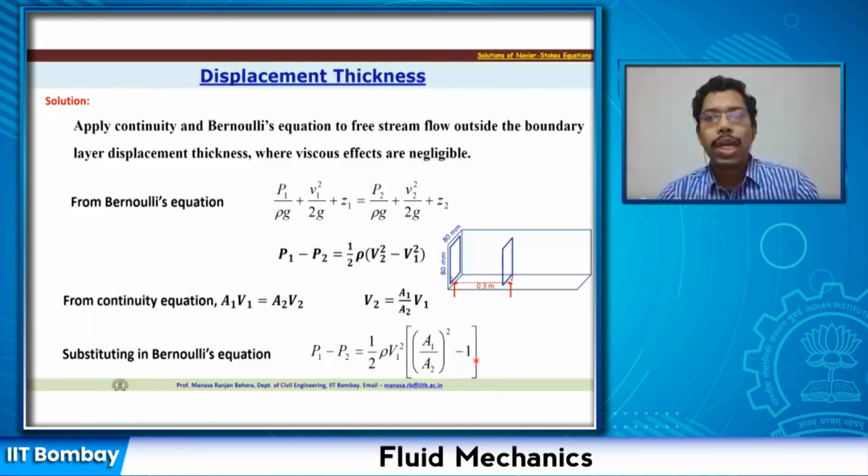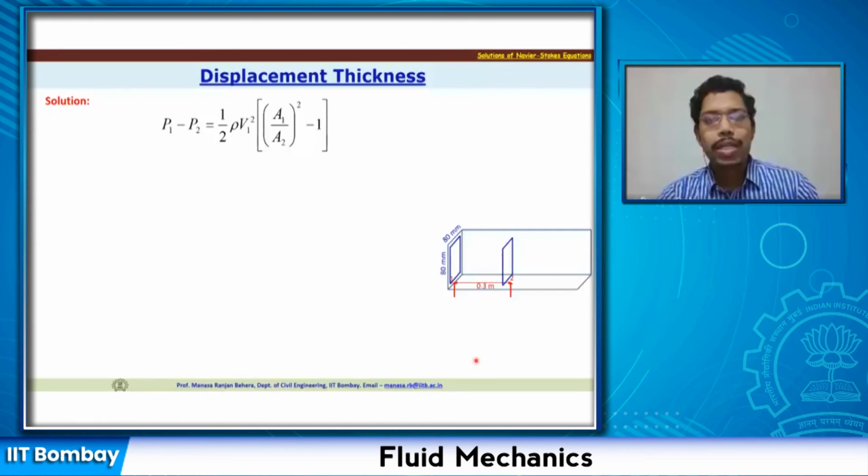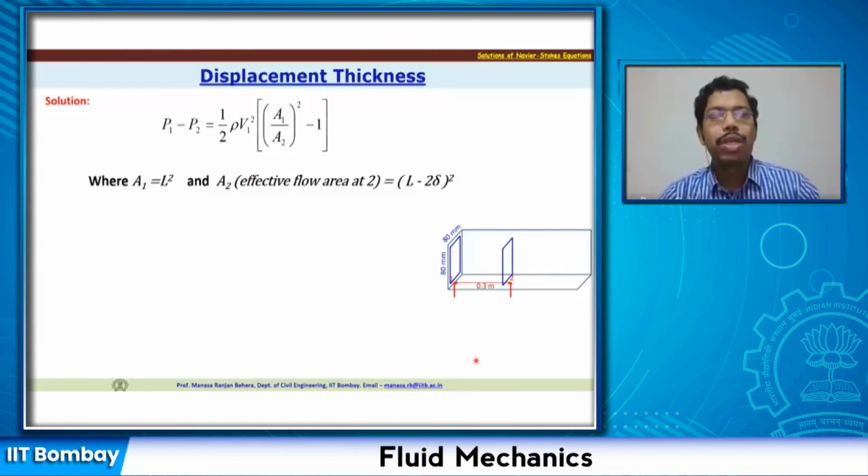Now let us look at the solution of this. If we know A1 and A2, we know the value of A1 and we know the value of A2. So A1 is the length, that is 80 mm square, and A2 is the effective flow area at 2, that is L, which is the length, minus 2 delta. So each side there will be delta reduction.